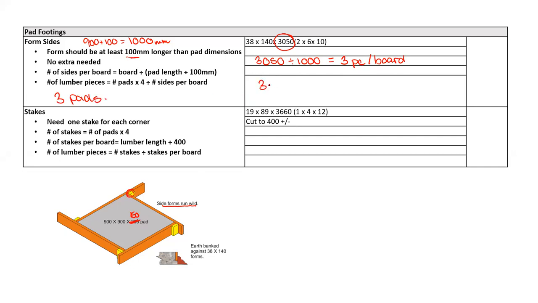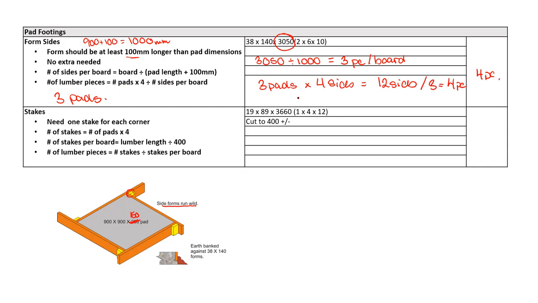So we have 3 pads times 4 sides, which means I need 12 sides. I can cut 3 per board, so we divide by 3, which gives us 4 pieces of lumber. Easy calculation: number of pads times number of sides divided by the number of sides you can cut per board.